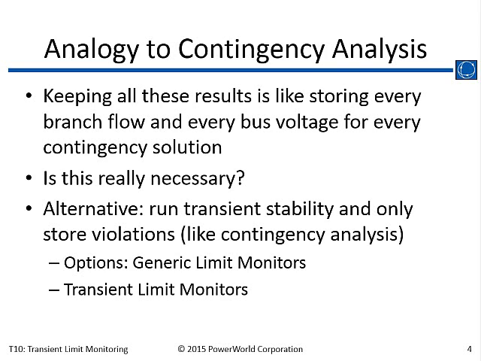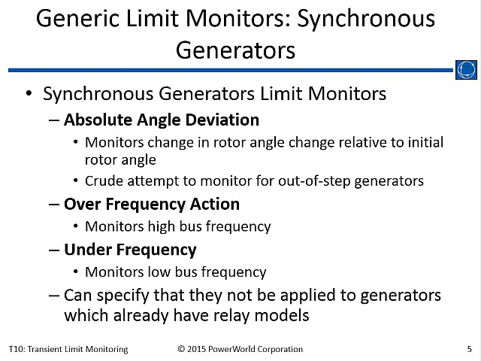So we have two different forms of these limit monitors. We have something we call generic limit monitors that let you do very specific things, and then transient limit monitors that are customizable to study the things that you might be most interested in checking in your results.